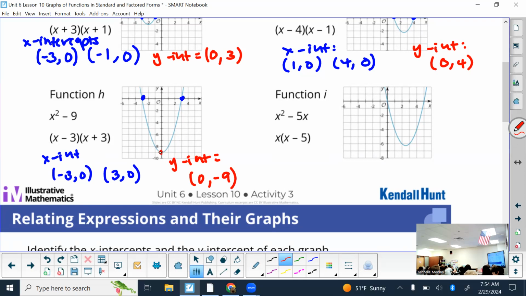Table 7, what about function i? What are my x-intercepts? 5 and 0 is correct. Table 8, what about my y-intercept for function i?